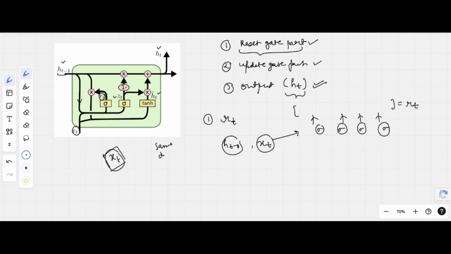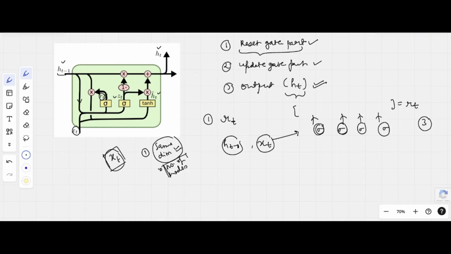This is the rule of GRU, just like we had this rule in LSTM. Every vector will have the same dimension. And this dimension will be equal to the number of nodes in the neural network. So let's say you decide that your neural network will have 3 nodes, then every vector here will be of dimension 3.